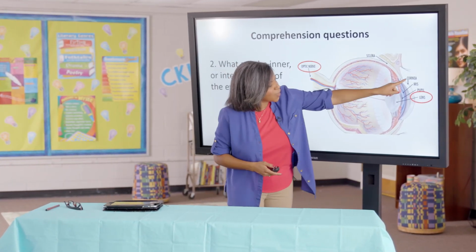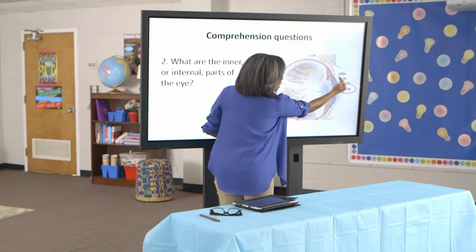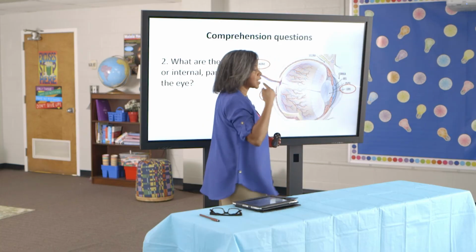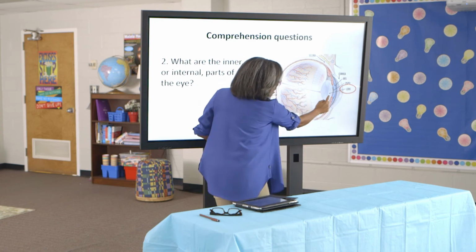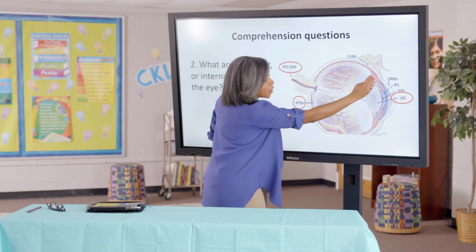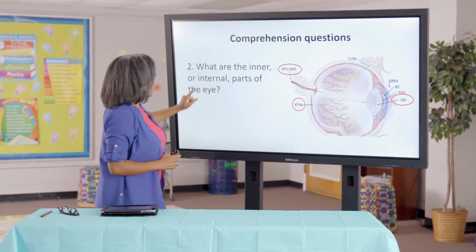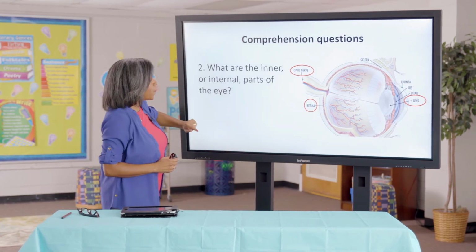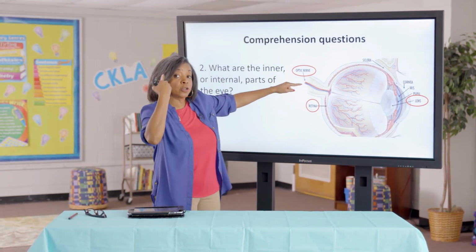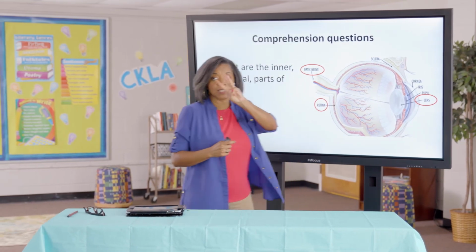Now you might say, well, the lens is right here, but technically all of these parts here are the outside. But the lens, notice the arrow, it's behind the pupil, okay? So to answer our question, the inner or internal parts of the eye is the optic nerve, it's back here, the retina, and the lens. Those are the three.